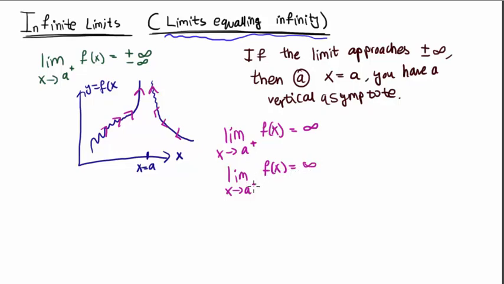And since the limits as x approaches a from the positive side and the negative side are the same value, infinity is equal to infinity, then we say that the limit as x approaches a, not from the positive or the negative, of f of x is equal to infinity. And we say that this function f of x has a vertical asymptote at the point x equals a.